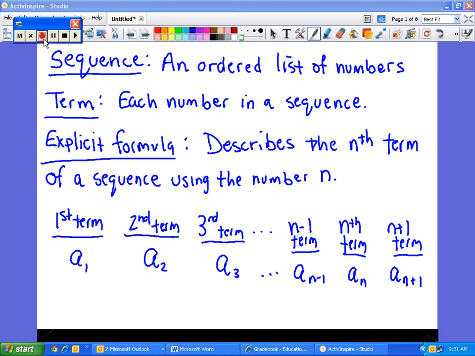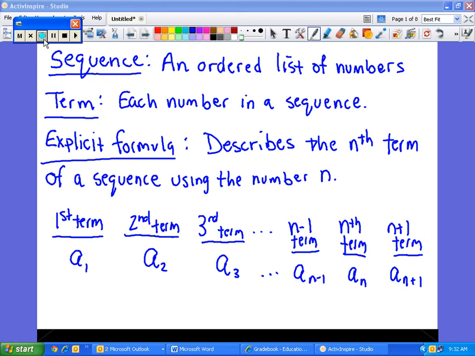The way we would pronounce this is we would say a sub 1, where sub is short for subscript. So the first term in any sequence is a sub 1. This 1 doesn't represent the value 1. It represents where it is in the sequence. So it's the first term in the sequence.